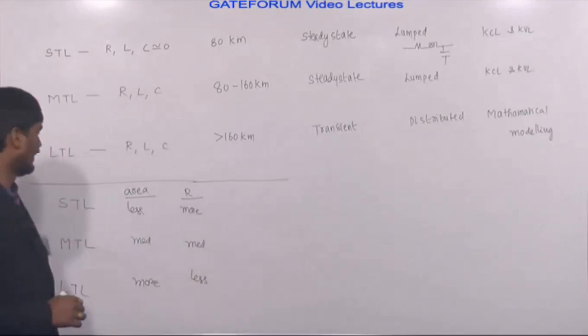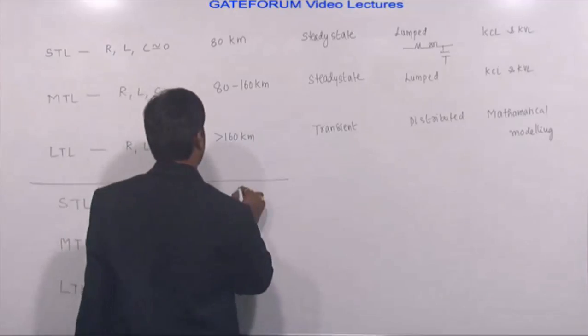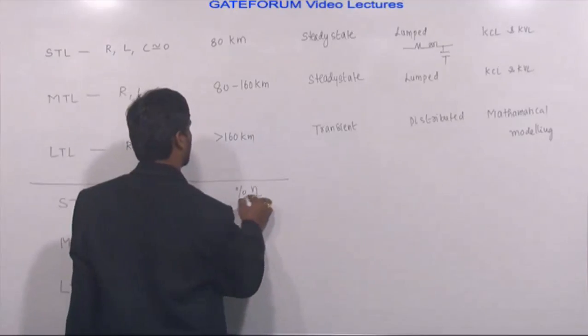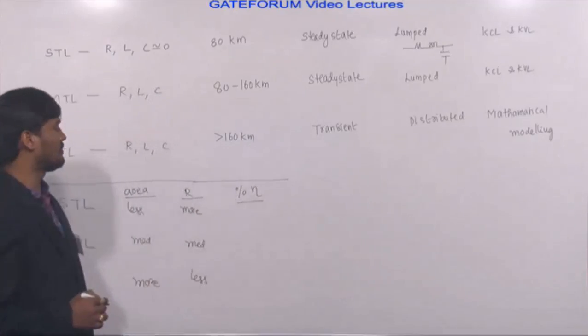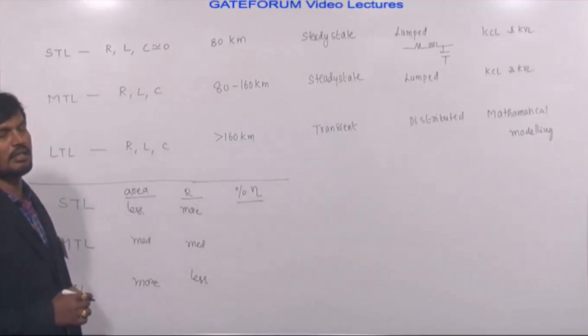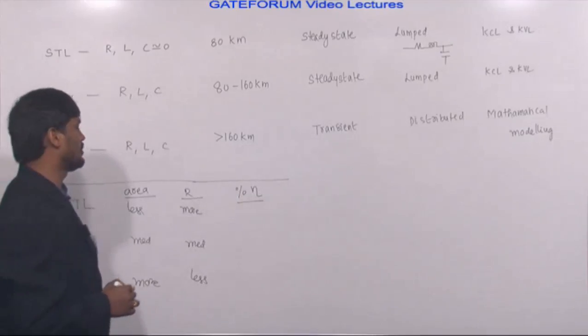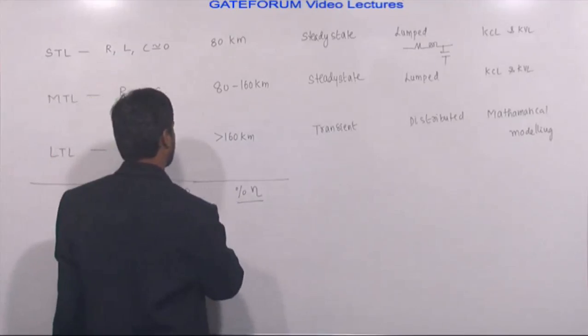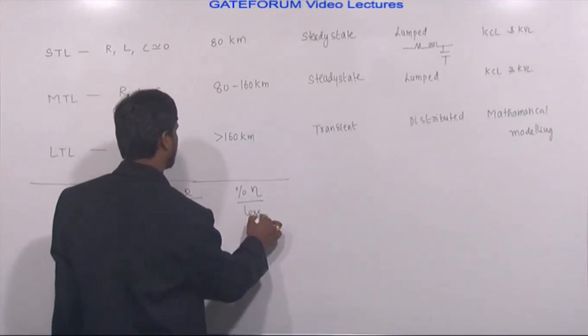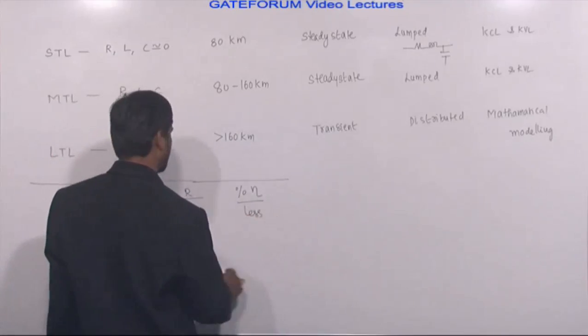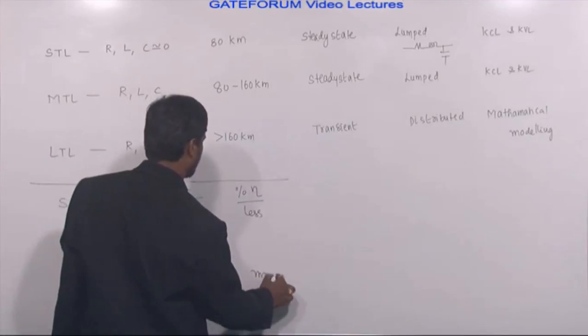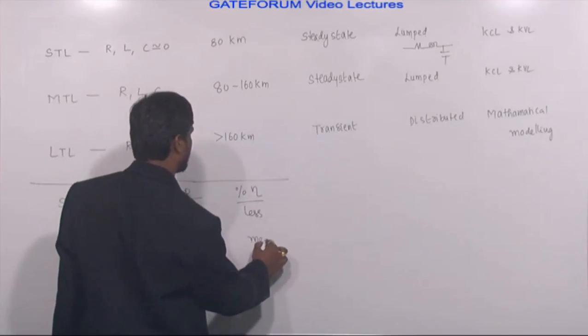Next, efficiency, percentage efficiency. Now, is percentage efficiency inversely proportional or directly proportional to resistance? Inversely proportional. See, resistance more means efficiency becomes less. Resistance less means efficiency becomes more. Resistance medium means efficiency also medium.